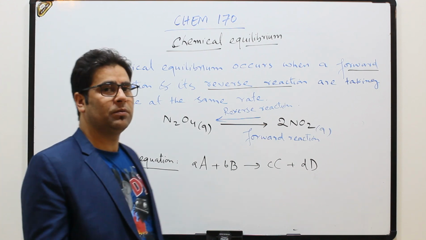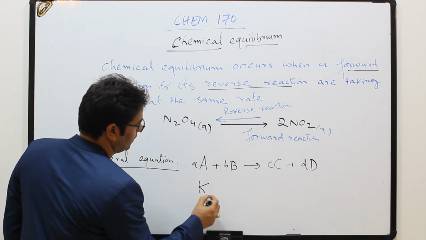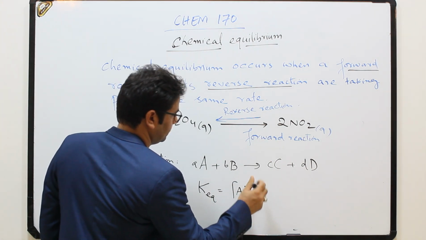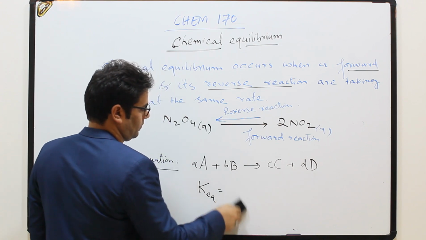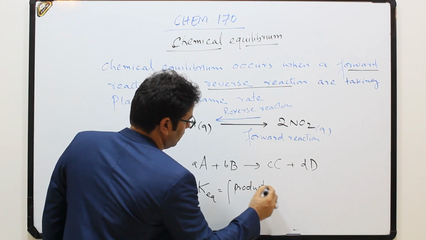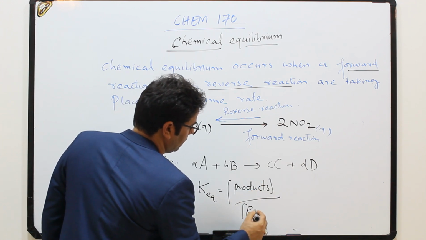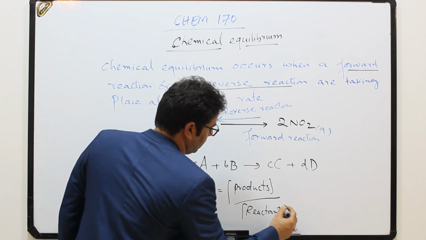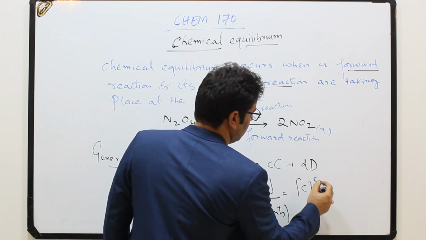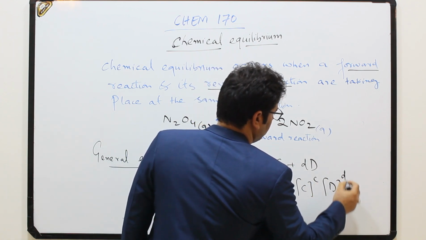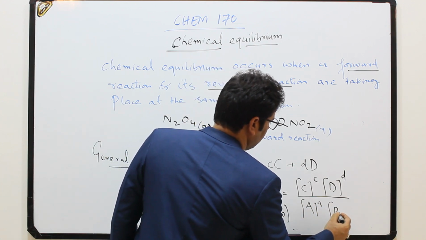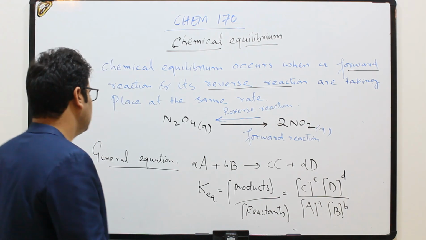If I have to give the equilibrium constant for this reaction, I will write it like this: product divided by reactant. You know this side is product, this side is reactant. So we can say [C] to the power c, [D] to the power d, divided by [A] to the power a, [B] to the power b. This is the general reaction.